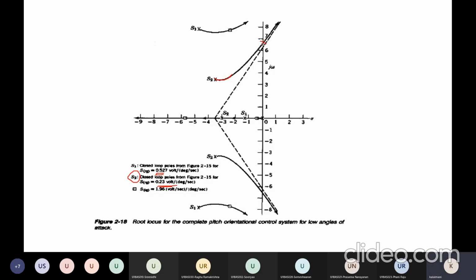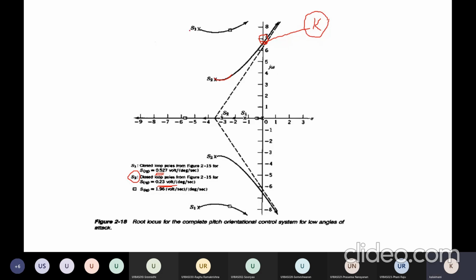Right? At this location, what is the value of the integrating gyro sensitivity? This is the limiting value, or maximum value, of the integrating gyro sensitivity for the system to be stable. Beyond this K, the system becomes unstable.